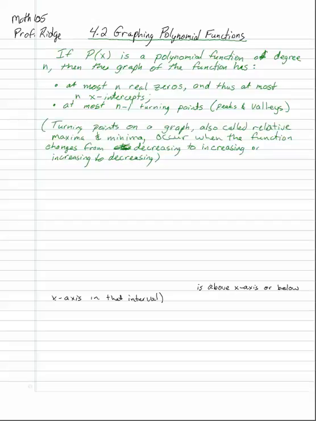Okay, so note, turning points on the graph can also be called relative maxima or minima, and that happens when it changes from decreasing to increasing or increasing to decreasing. So we can go from decreasing to increasing. See, this is a turning point.